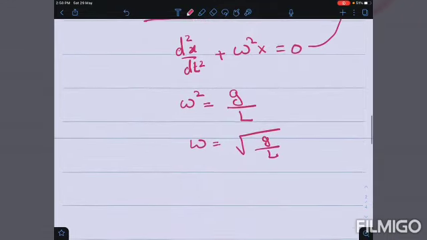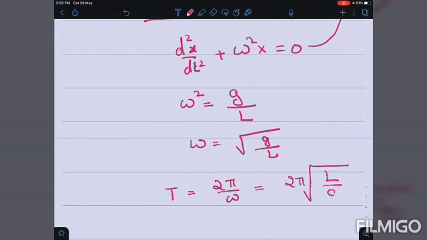Now you can very well write the period of oscillation, T equal to 2 pi by omega. That is equal to 2 pi into root of L by g. So you can tell that the time period of a simple pendulum does not depend on the mass, but just depends on the length of the simple pendulum and acceleration due to gravity.